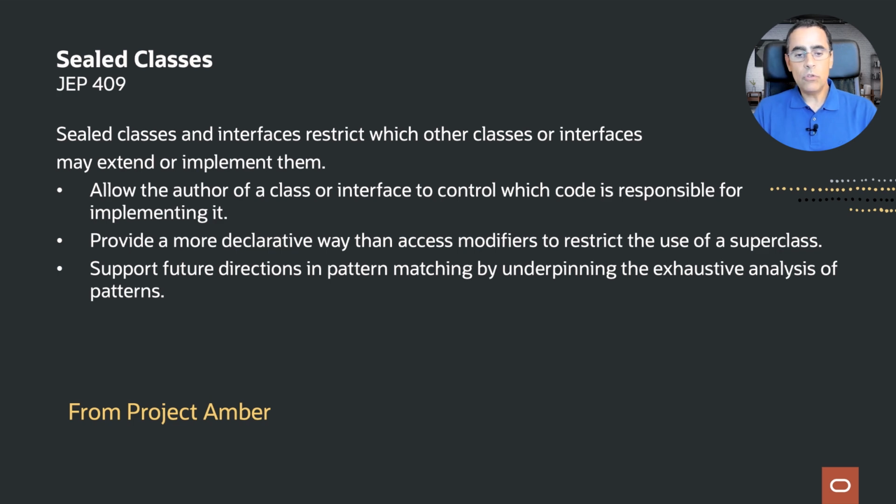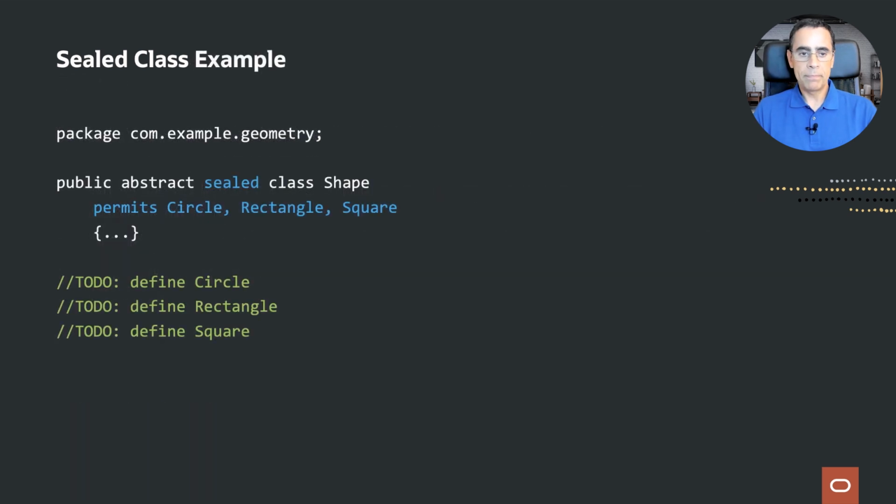What we really need is a superclass to be widely accessible, but not widely extensible. Here's an example. A class is sealed by applying the sealed modifier to its declaration. Then, after any extends and implements clauses, the permits clause specifies the classes that are permitted to extend the sealed class. A sealed class then imposes 3 constraints on all the permitted subclasses.